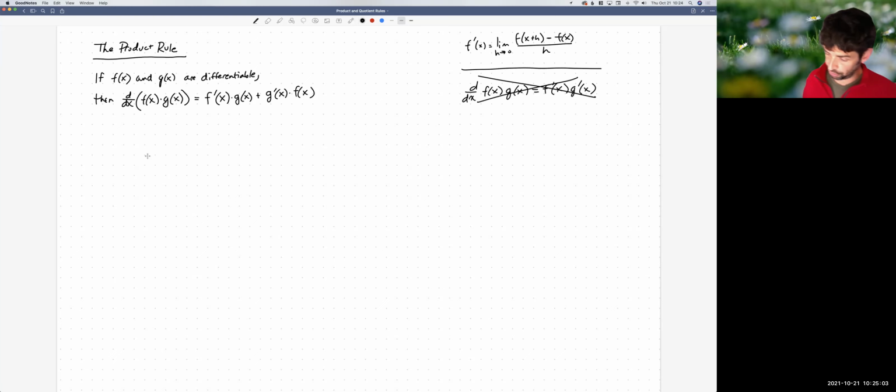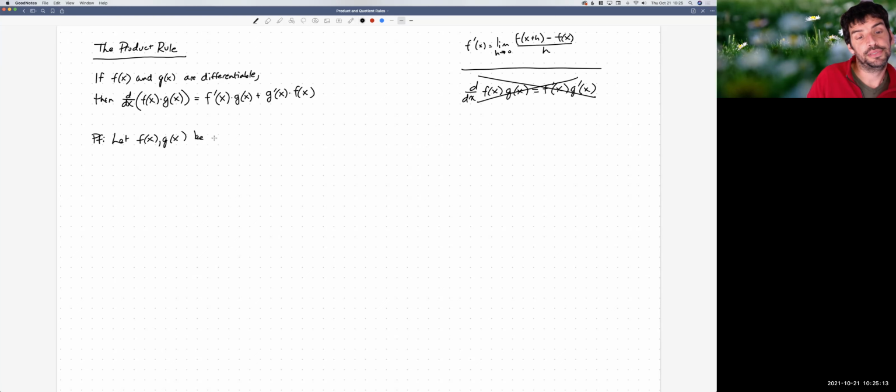So the proof is a lot of algebra, really. So let's start with f of x and g of x being differentiable functions. And then we will define L of x to be f of x times g of x.